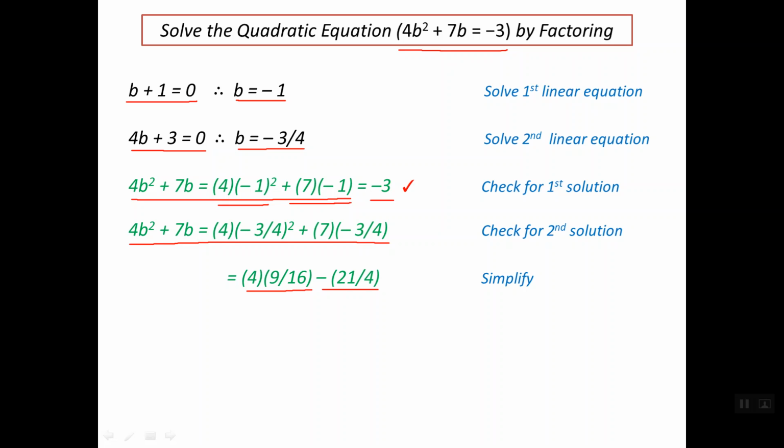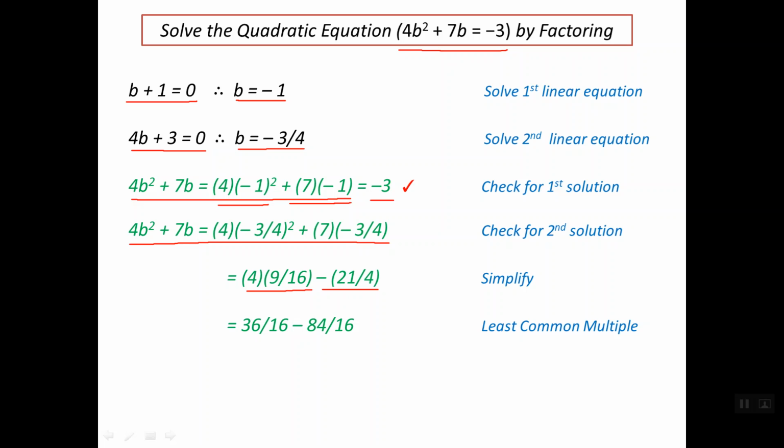So what we have here are two fractions and a subtraction, but the denominators are not common. The denominator for the first fraction is 16 and the second denominator is 4. So the least common multiple of 16 and 4 is 16.